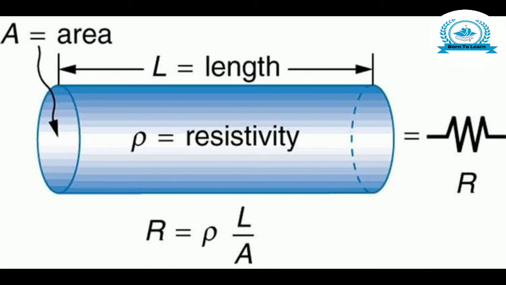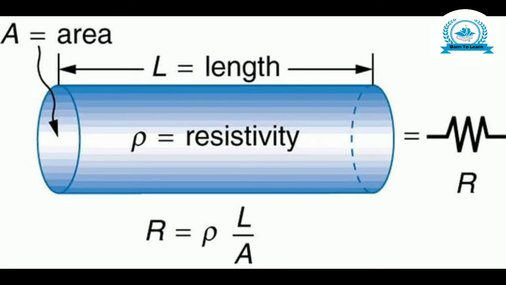For example, nichrome alloy is used for making the heating elements of electrical appliances such as electric iron, toaster, electric kettle, room heaters, water heaters, geysers, and hair dryers, etc.